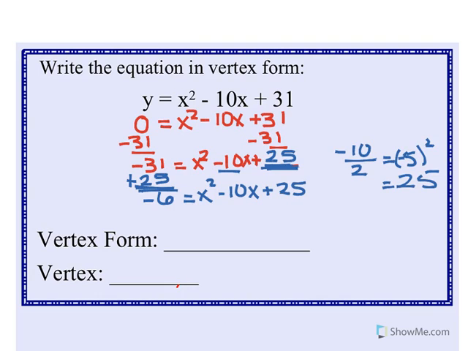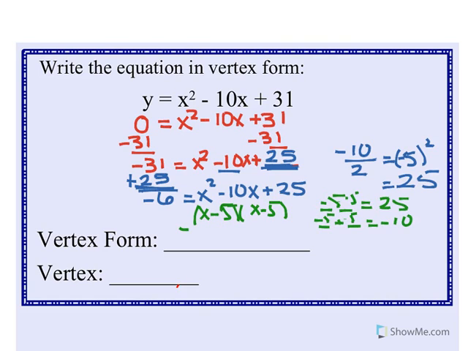If we go to factor this, and we want to find two numbers that multiply to 25 and add to negative 10, well, that's going to be the same number, negative 5 and negative 5. So that's x minus 5 and x minus 5. Because that duplicated, we're going to write it just one time and say that I have two of them, call it squared. And don't forget that negative 6 is still on the left side.